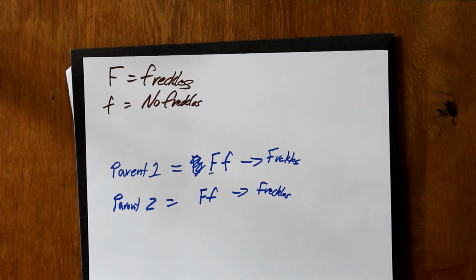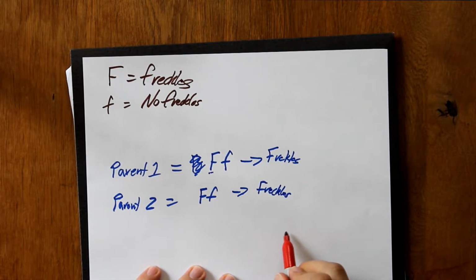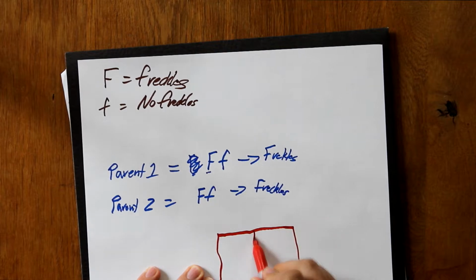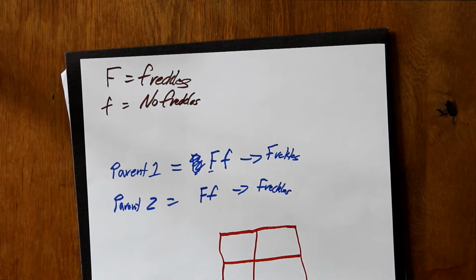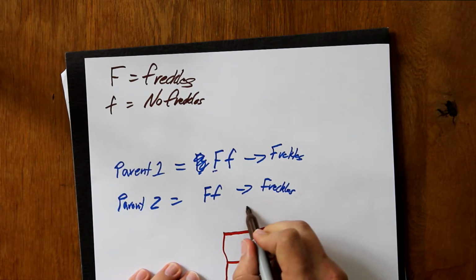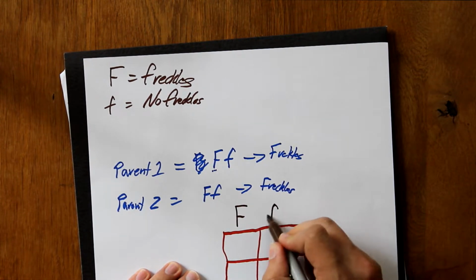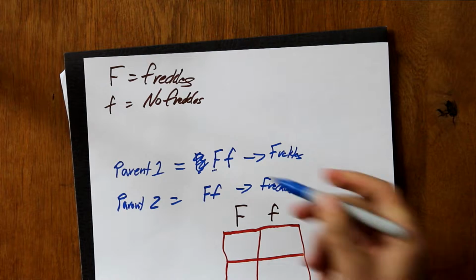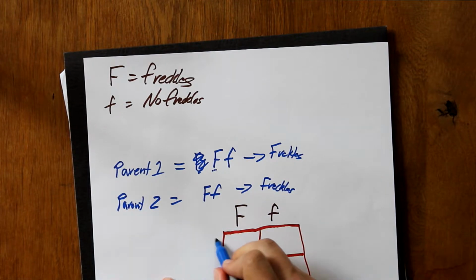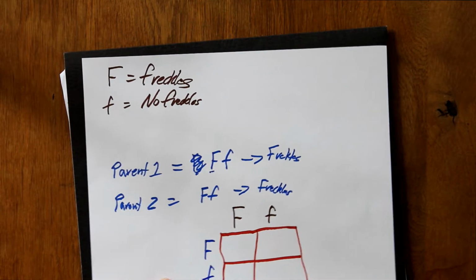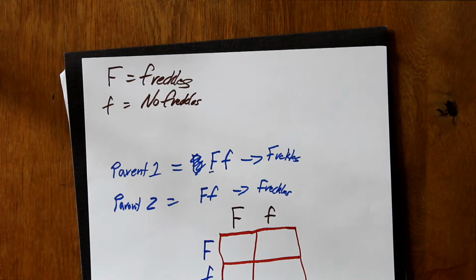So now let's set up our Punnett square. Parent 1's genotype is big F, little f. Parent 2 is big F, little f. Now these are going to combine.